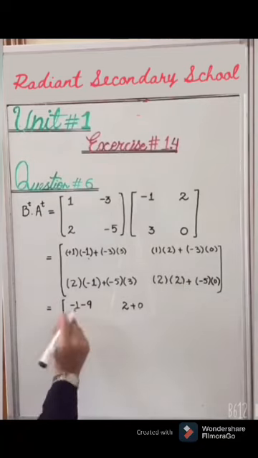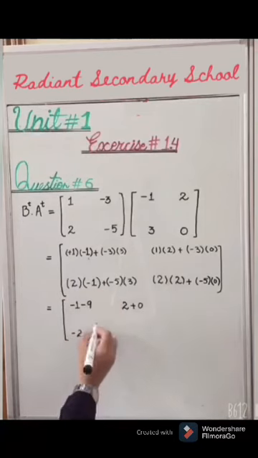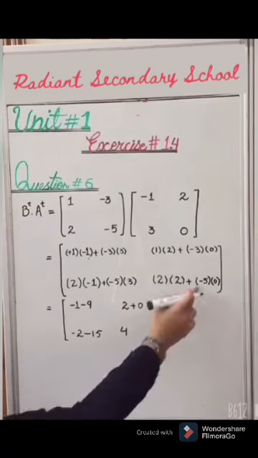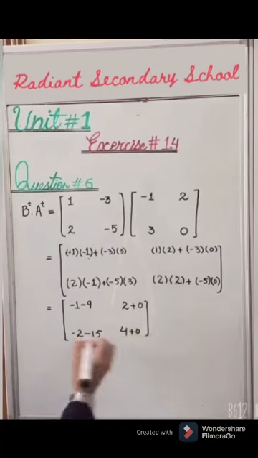Moving here, we have 2 into minus 1, which will be equal to minus 2, and again we will have a minus sign because we have a minus sign here with 15. So plus minus would be minus. Then we have 2 multiplied by 2, which is 4, and minus 5 multiplied by 0, which is 0.